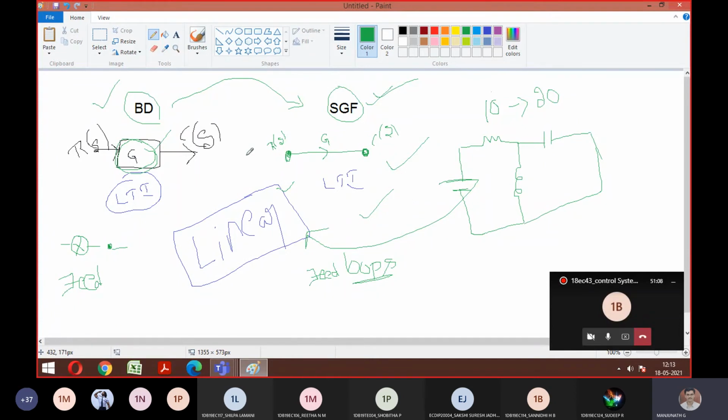That's why we say time consumption in case of block diagram was more compared to signal flow graph. Is it okay with this difference to everyone?